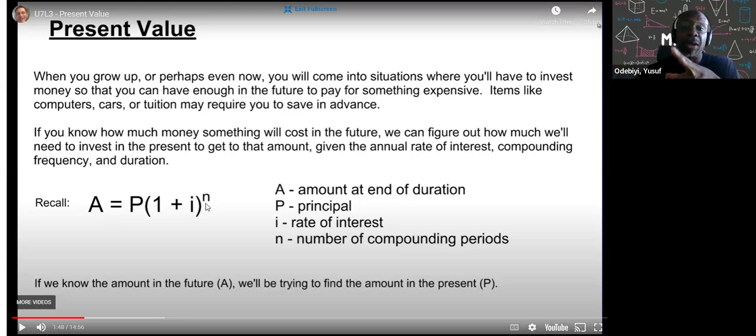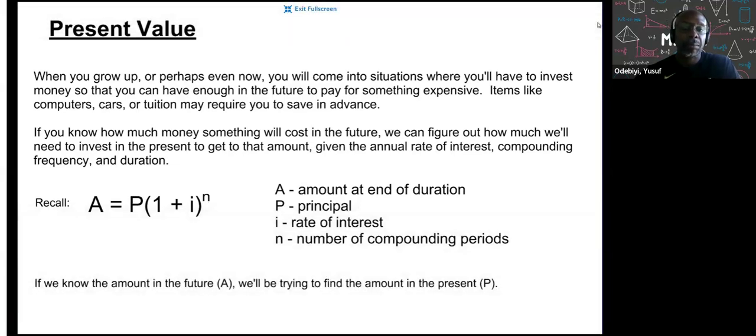This is the formula that we learned for compound interest, and we're going to use it in a way that lets us look at present value. These questions will give you the end amount, and you need to come up with the present value. So let's just start with our original formula.